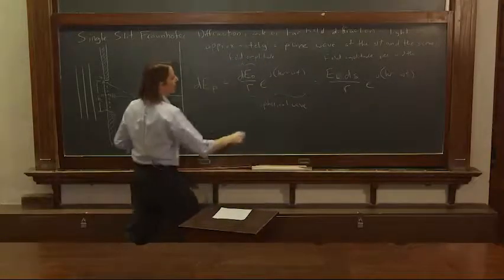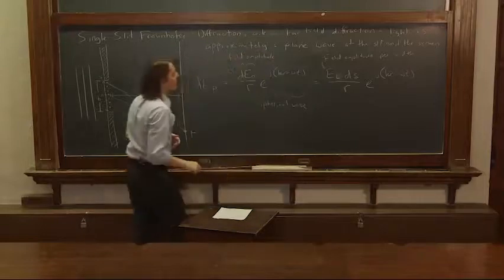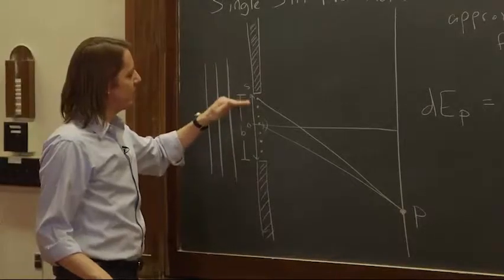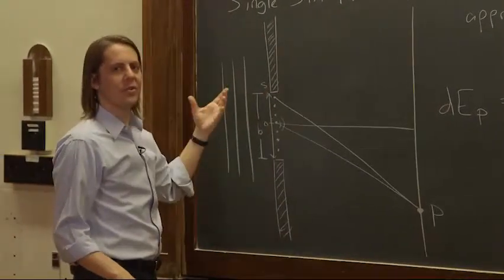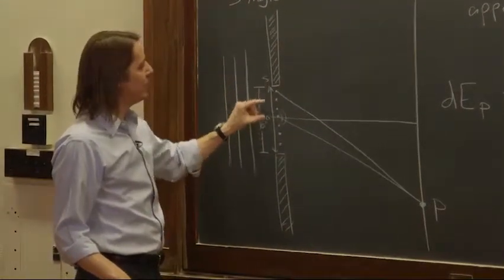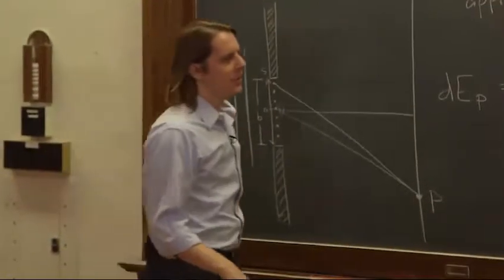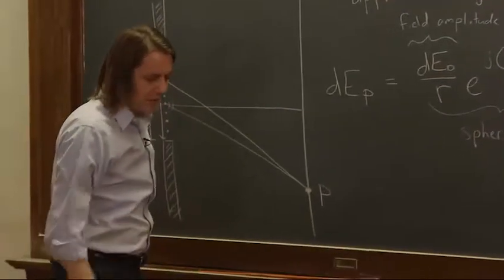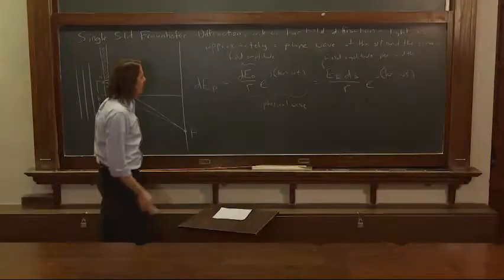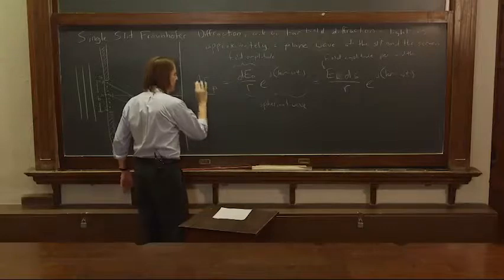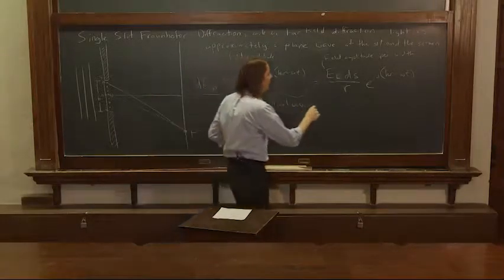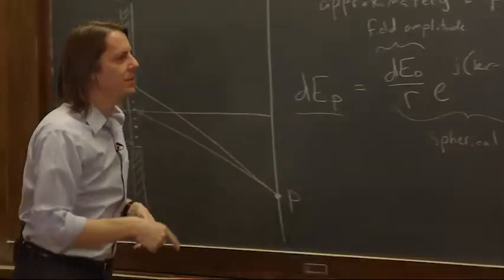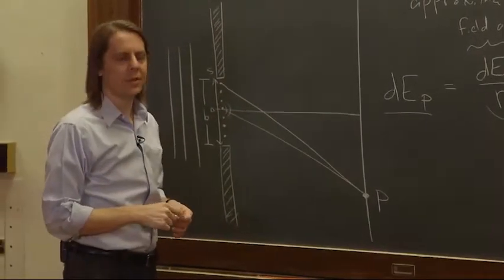That's E_L, and it's no longer a differential because that's really a constant value that exists in the entire slit. It has a certain field amplitude per unit width, and you can divide the width into as small a piece as you want. So now that gets the differential into ds, and that's where we want it, because we're going to actually take an integral. Next we'll sum it up, and just like always, we just have to figure out what dE is. This is what we're calling dE: field amplitude per unit width, ds over r, e to the j(kr minus omega t). So that's how you get started.